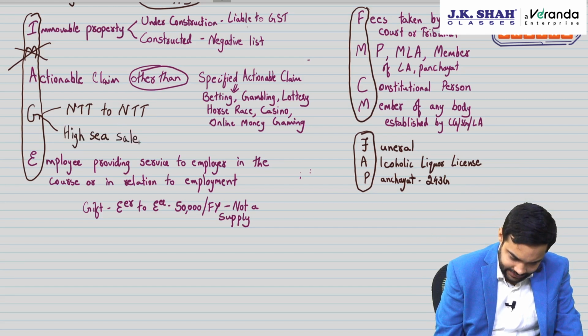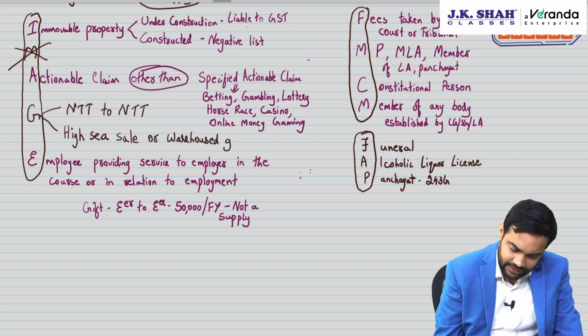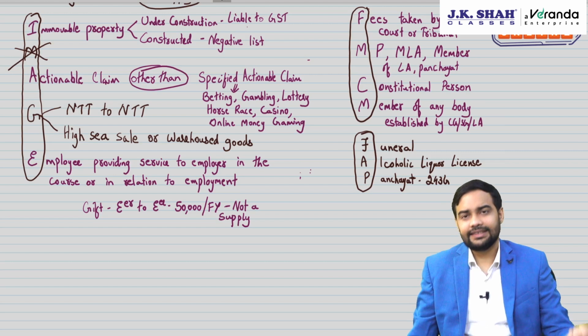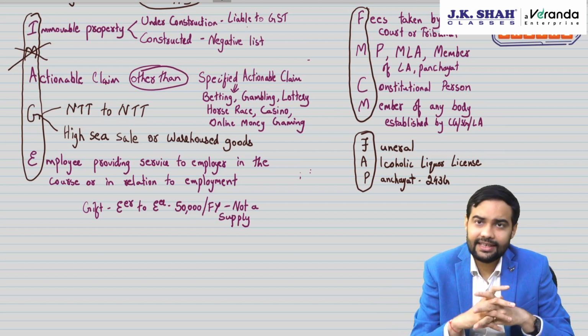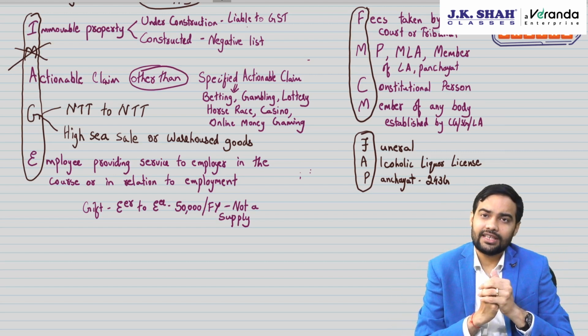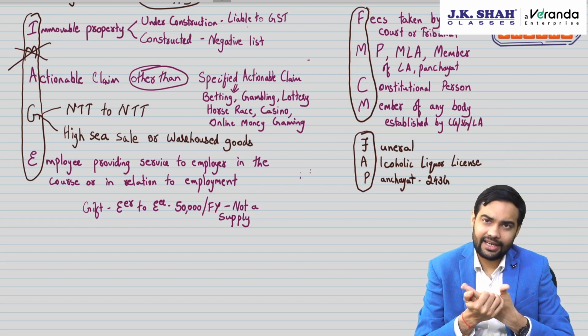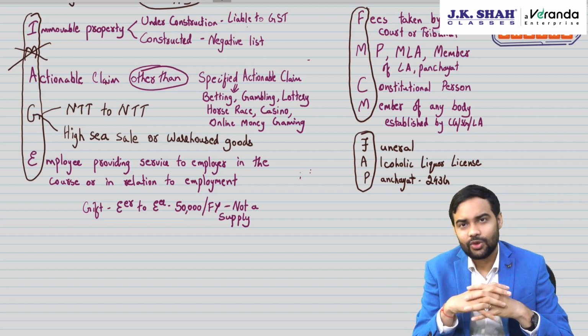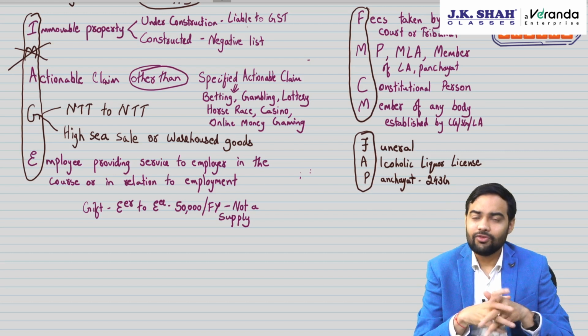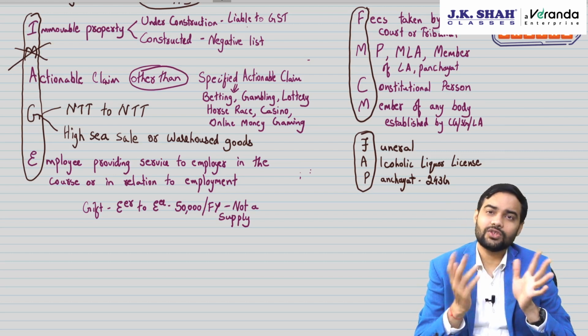High sea sale or warehoused goods. This you will learn better in customs, because high sea sale is selling the goods even before goods have been imported into India. So while the goods are coming from US to India, before the goods come to India, you have sold those goods.